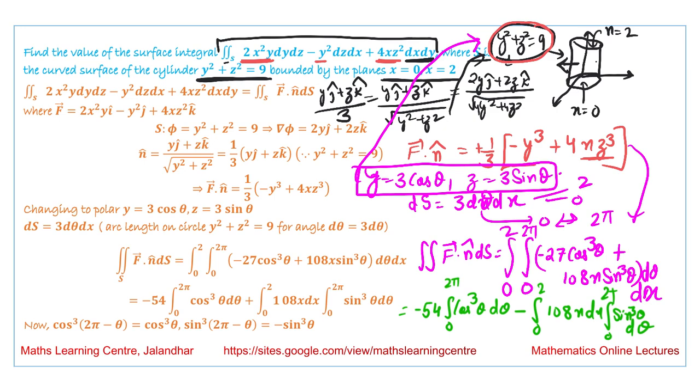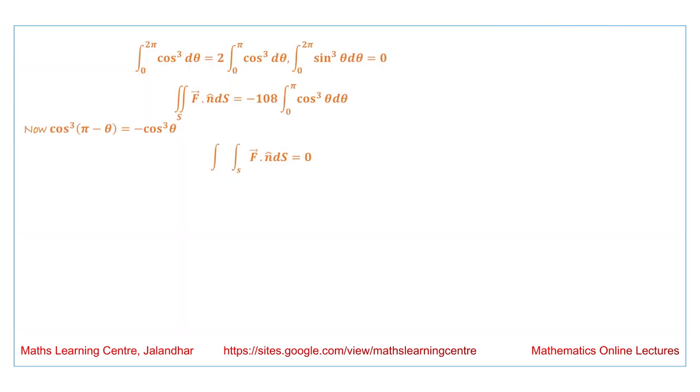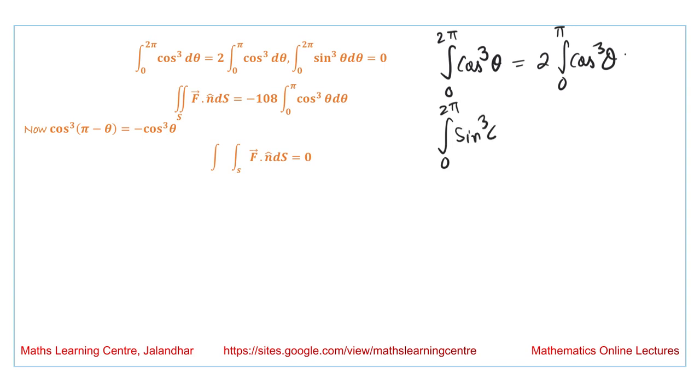Now we are using the result that cos cube of 2 pi minus theta is equal to cos cube theta, and sin cube of 2 pi minus theta is equal to minus sin cube theta. So using this result, integration 0 to 2 pi cos cube theta is equal to 2 times integration 0 to pi cos cube theta, and integration 0 to 2 pi sin cube theta is equal to 0.